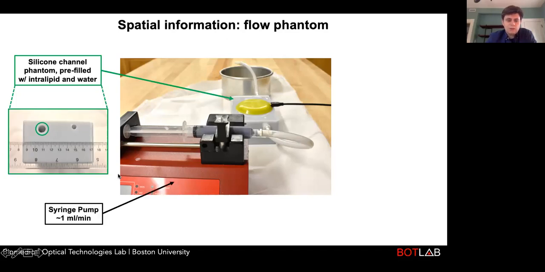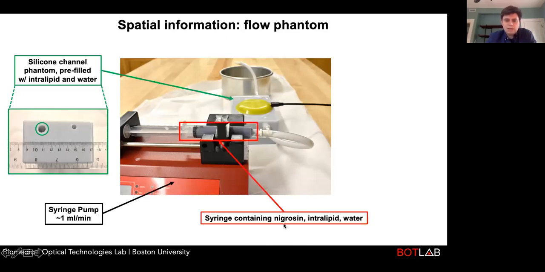And so we can use a syringe pump to pump liquid containing nigrosin, intralipid, and water. And so we have intralipid followed by a higher density of intralipid with nigrosin. So as we push this, in this channel, we're going to go from less absorbing to more absorbing underneath this part of the phantom.